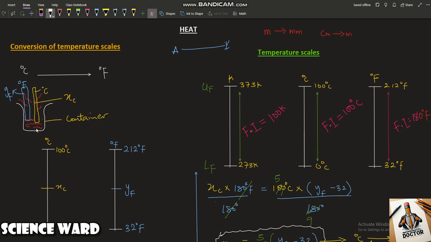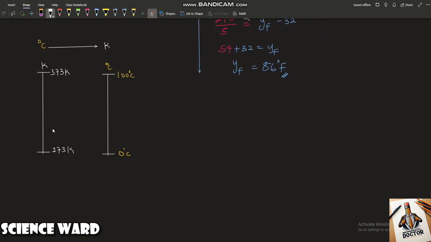Inside this container, we used a Celsius thermometer scale and also a Fahrenheit thermometer scale. Let us change these around. Instead of using a Fahrenheit thermometer scale, we can use a Kelvin thermometer scale, and in that case we can think about the same thing right now.